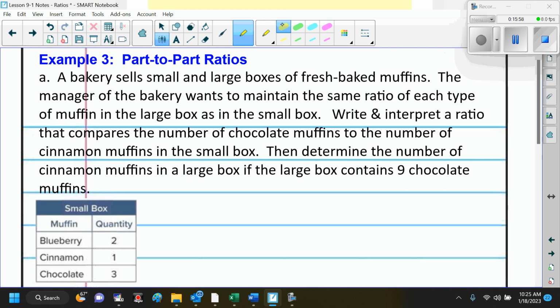Cinnamon muffins to chocolate muffins. Let's see. I'm gonna highlight it up there. So we're comparing the number of chocolate muffins to the number of cinnamon muffins. See that? Okay. So we're gonna write chocolate to cinnamon.